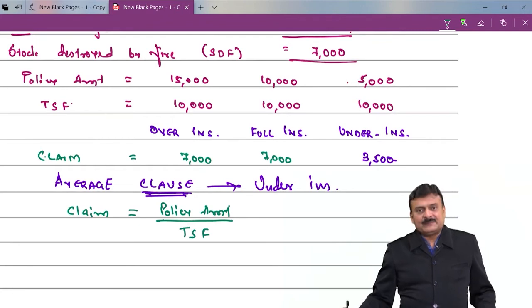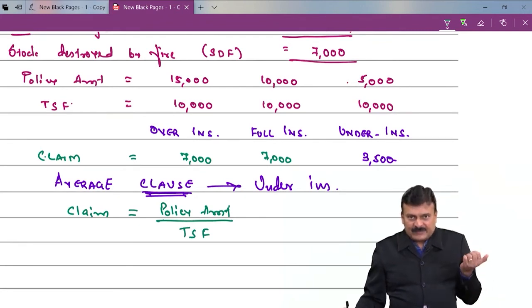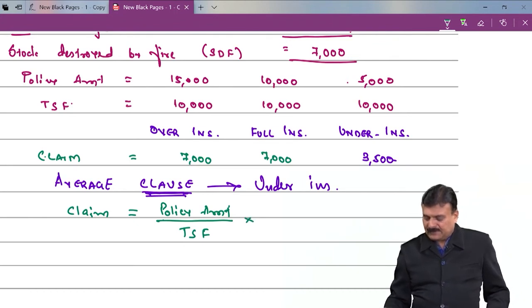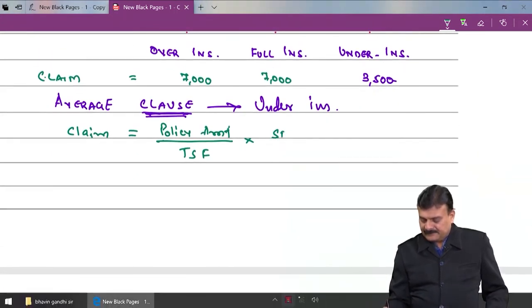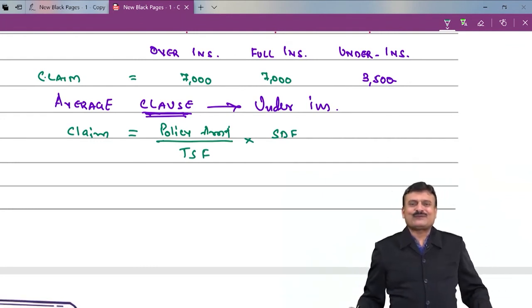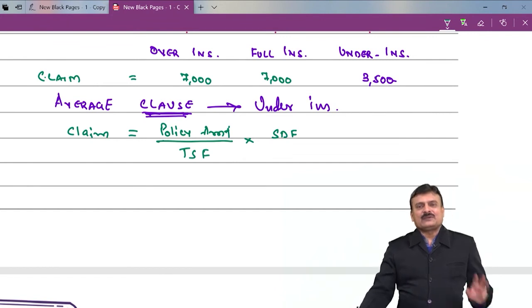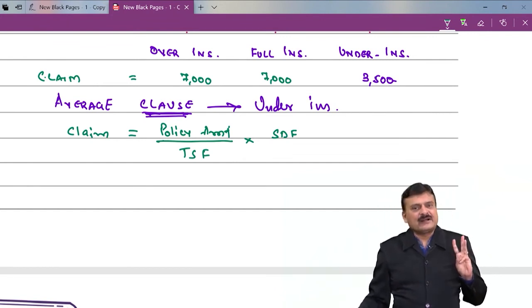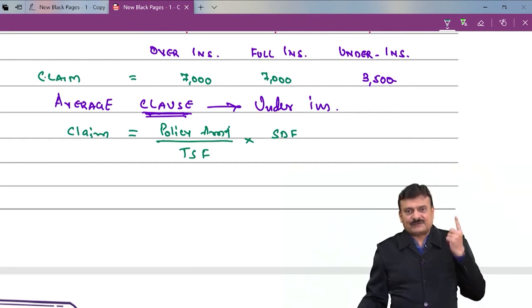In our example, policy amount 5,000 divided by TSF 10,000, that gives you 50%, and that will be multiplied by the STF. What do you mean by STF? Stock destroyed by fire, which was 7,000. So, three cases are possible: over insurance, full insurance, and under insurance. If it is under insurance, you have to apply average clause. So, two things we had studied: statement of claim and comparison of policy amount with TSF.